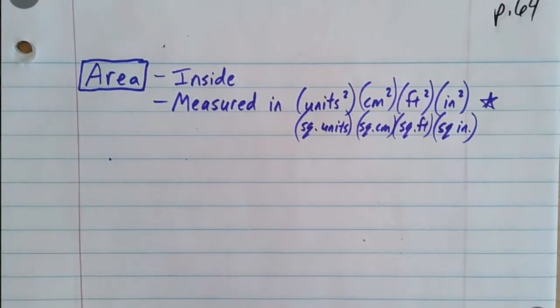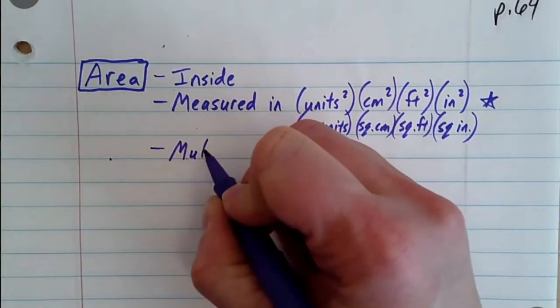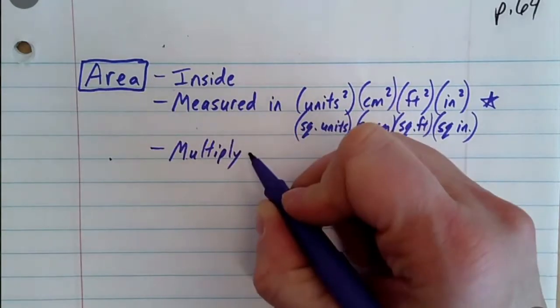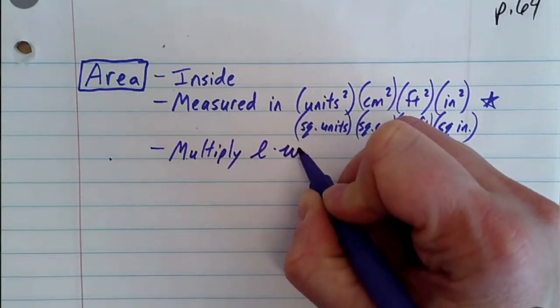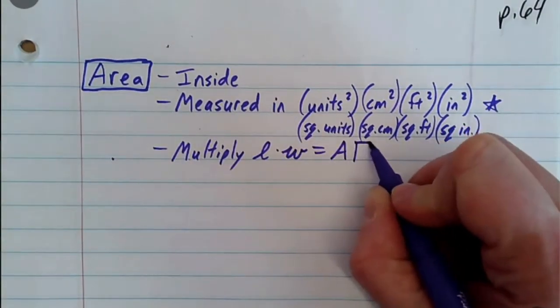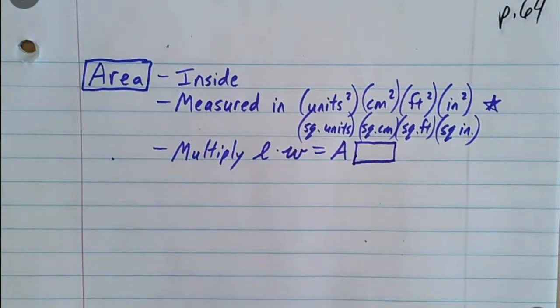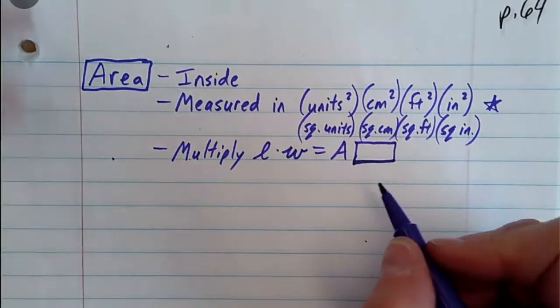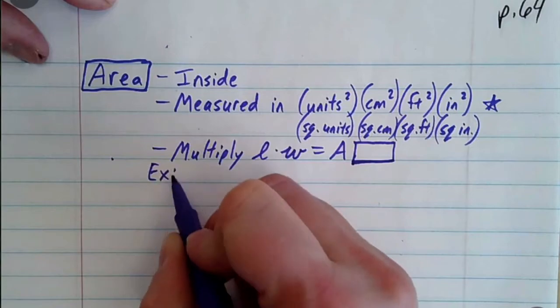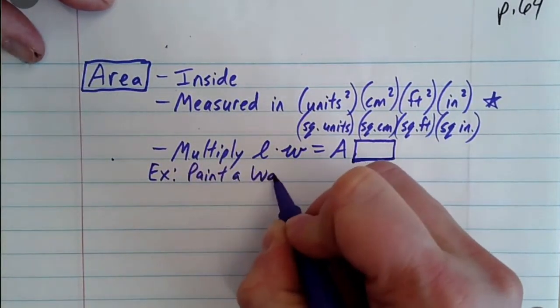Most people remember area. They think about multiplying length times width. So a lot of people remember multiply length times width, and these are L and W in cursive. That's how you get the area of a rectangle, length times width. People remember area like if you were going to paint a wall. You want to make sure you paint the entire wall.